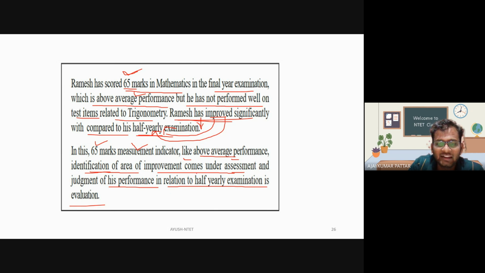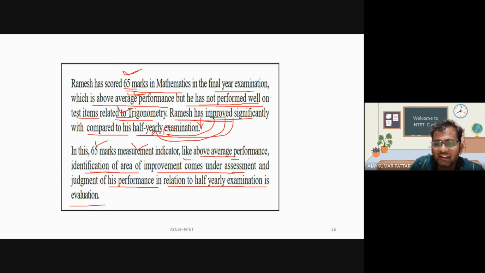If you did not give a judgment, and only said his average performance is above and his improvement, for example, in the other subject the performance is different, it is good, but he has not performed well on the items related to trigonometry. These average and non-performance in trigonometry all come under assessment. But the improvement judgment, that he has improved significantly compared to his examination, is a judgment based on this assessment.